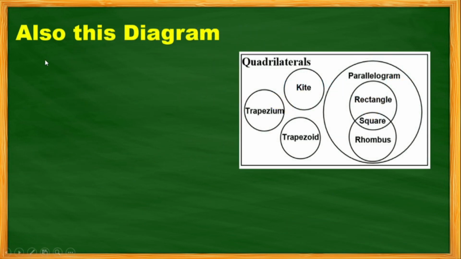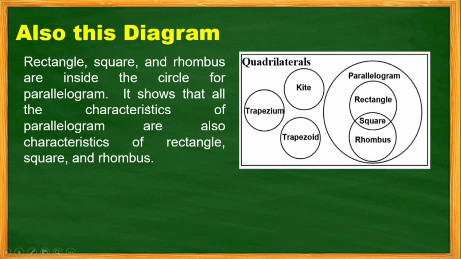So also in this diagram, we can see that a rectangle, square, and rhombus are inside the circle for a parallelogram. Under a rectangle we have a square, and under the rhombus we have a square. So a square can be a rectangle, rhombus, and parallelogram.